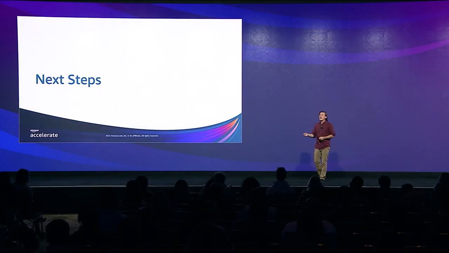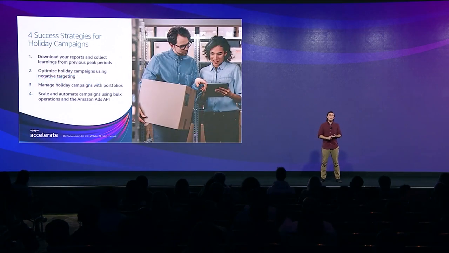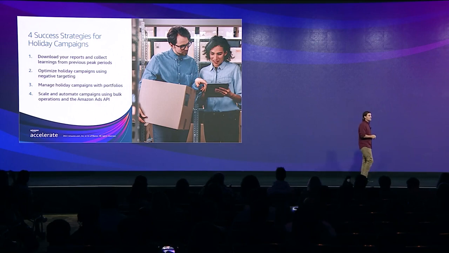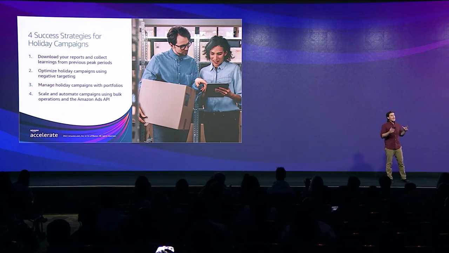Now, let's go ahead and recap what we just covered. We started by reviewing the importance of collecting learnings from your peak period campaigns over the last year, and the steps that you can take to capture these. This included examples of reports that you may find useful and results-based optimization scenarios.